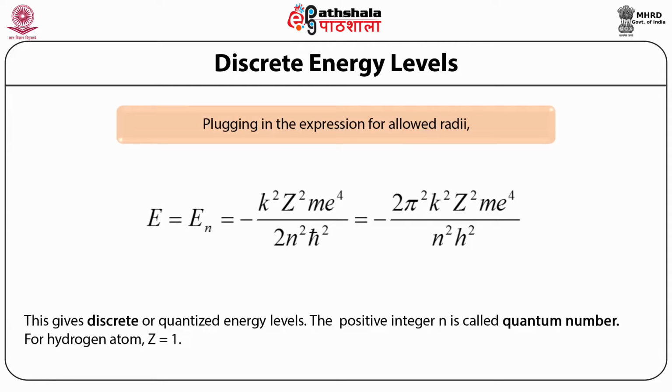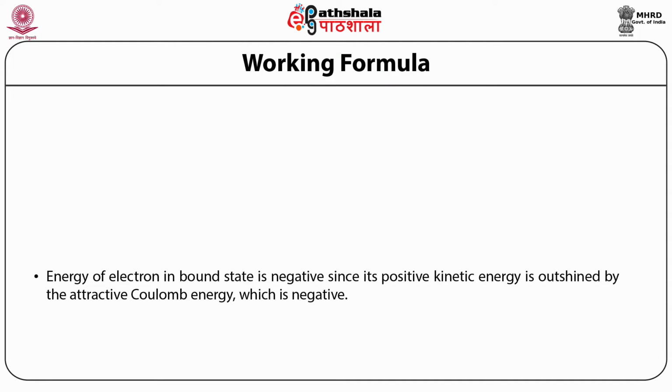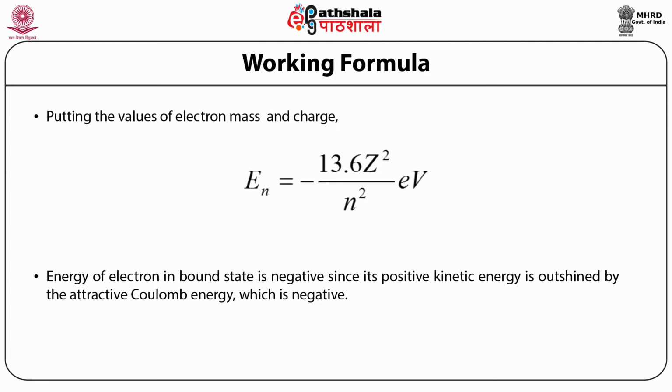If you're talking about the hydrogen atom, then the atomic number Z has to be set equal to 1. So these are really the energy levels of the hydrogen atom. Z is the atomic number, you should remember. Here on the screen, you can see a very useful working formula: the energy levels of an atom are minus 13.6 Z squared by n squared, and the unit is electron volts.